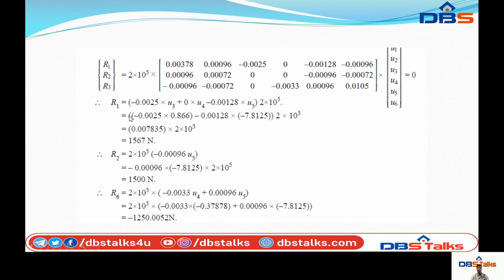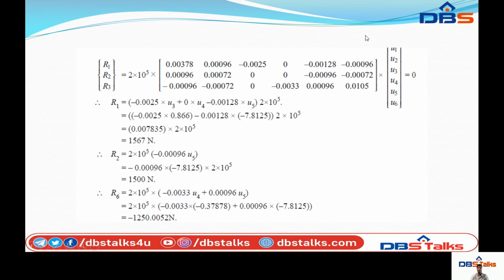Based on that, I'm calculating the reaction forces. R1 equals minus 0.025 U3 plus 0 into U4, then minus 0.00128 into U5, into 2 into 10 to the power of 5. You will get the value of 1567 Newton. It is for U1. U1, U2 are fixed, so for that reason I'm not calculating U1, U2.